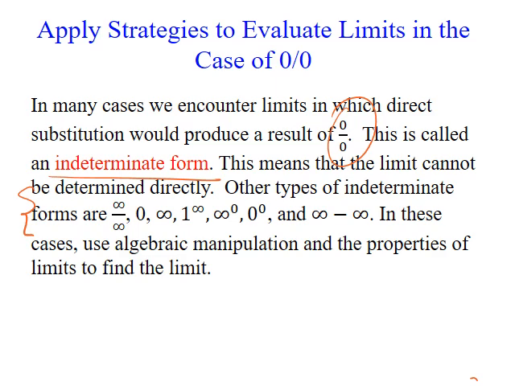So if you use direct substitution and you get one of these indeterminate forms, you have to try another approach. Oftentimes, factoring or multiplying by the conjugate will allow us to simplify the function so that we can then use direct substitution. I'll show you some examples.